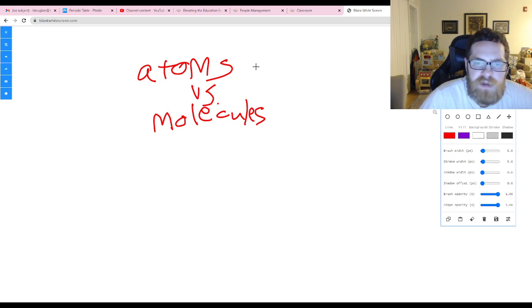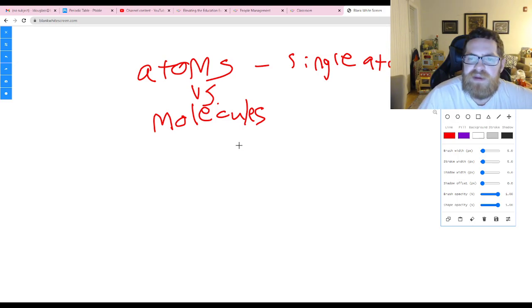Well, an atom is a single atom, off on its lonesome. It might connect to more atoms, but if we're going to really call it an atom, then this would be an element.